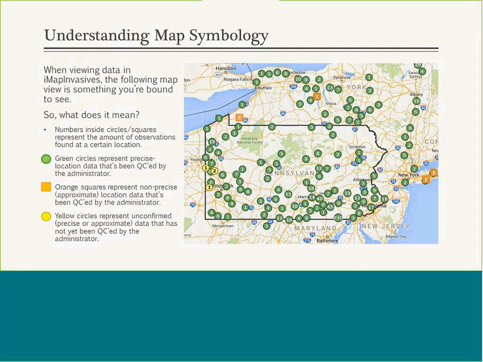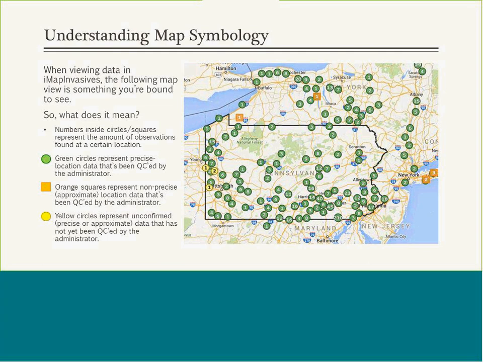So the numbers that you see inside of the circles and the squares on this screen essentially represent the amount of observations that are found at a particular location. And the green circles, and you'll see there's a lot of green circles in this picture, all represent observation data that is at a precise location.